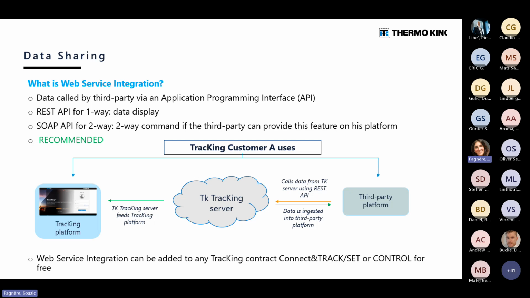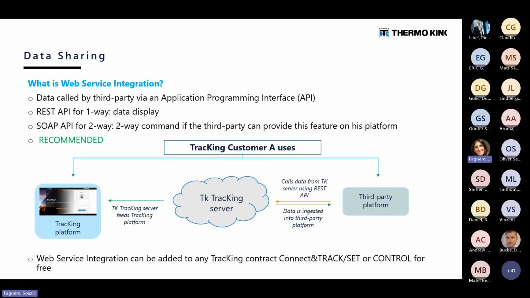The web service integration is within the tracking system, because you have to set it up onto tracking to get this integration. It can be added on top of any contract: Connect and Set, Connect and Track, Connect and Control. You do have Connect and Share, which is only sharing, with no access to tracking. This is what we recommend.